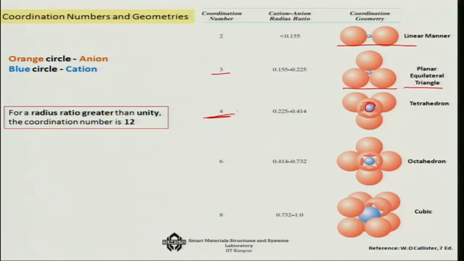Octahedron 6, or cubic, you get the maximum, about 8. So that is how the packing changes, and depending on various types of cation anion combinations, you get various types of packing systems. It can go as high as up to 12 in fact. We have shown here up to 8.